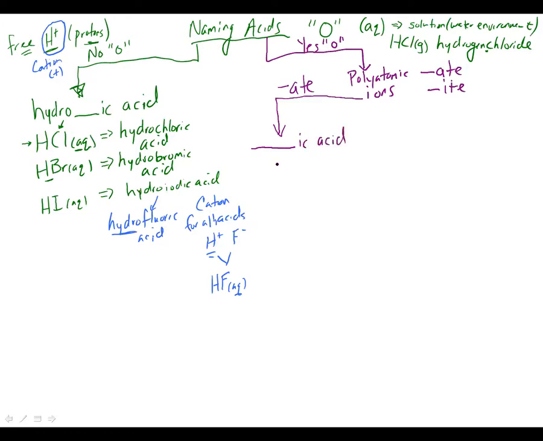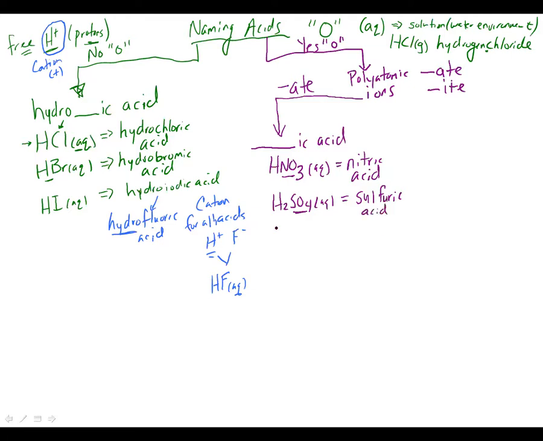So if we take HNO3, we see oxygen, and NO3 is nitrate, so this becomes nitric acid. Take something like H2SO4. It does have oxygen. SO4 is sulfate, so this becomes sulfuric acid.